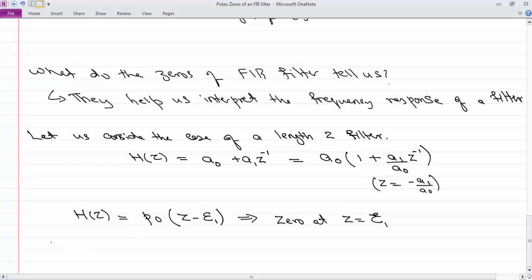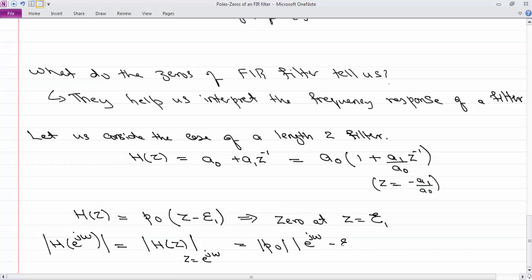So we know that the frequency response h of e to the j omega, and in particular, let's focus on just the magnitude response right now, is equal to the absolute value of h of z for z equal to e to the j omega. Okay. So the magnitude response is the absolute value of p0 times the absolute value of e to the j omega minus zeta 1.